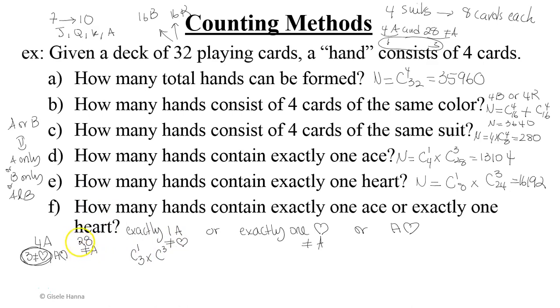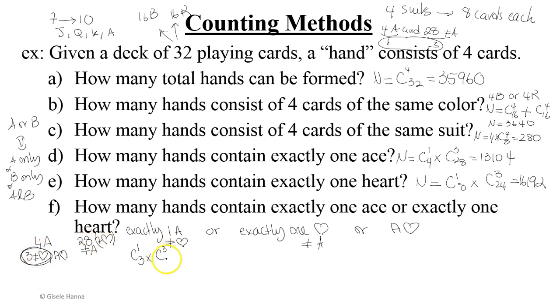Because I want exactly one ace with no hearts in this hand. So over here, the 28 remaining cards, in fact, have 7 hearts in them, because the 8th heart is the ace, which we already ruled out of the 28.